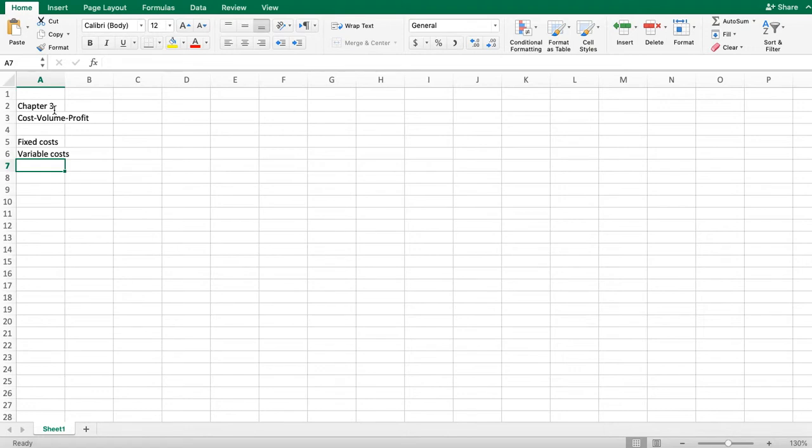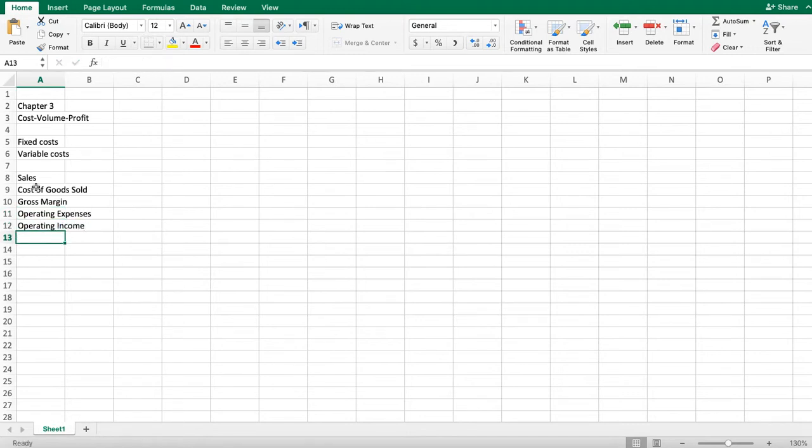And so another reminder for you when we're talking about income, we have sales and, well, let me back up. We have sales, we have cost of goods sold, we have gross margin, operating expenses, and operating income.